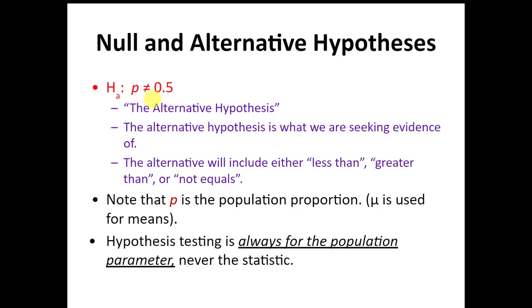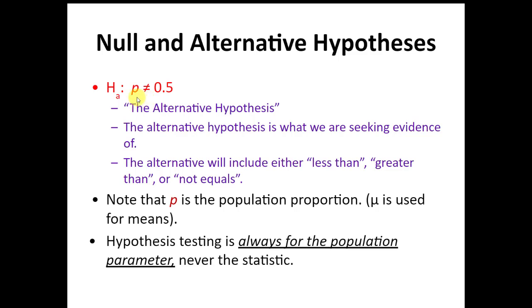So depending on what your question is, will determine which symbol would go in here, whether it's not equal to, less than, or greater than. The only symbol that would not go in here is the equal to sign. That's the only symbol that cannot go in here for the alternate hypothesis. The equal to sign is only for the null hypothesis.